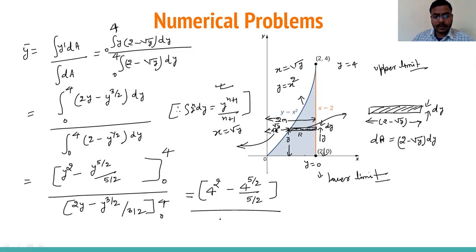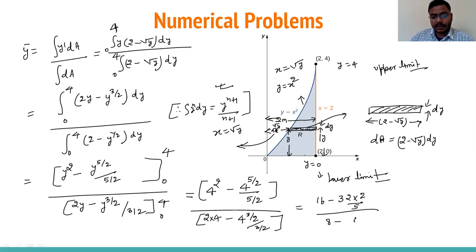In the denominator, 2 into 4 minus 4 to the power 3 by 2 divided by 3 by 2. What we can write? 16 minus 32 into 2 divided by 5, or we can write 8 minus 2 to the power 2.